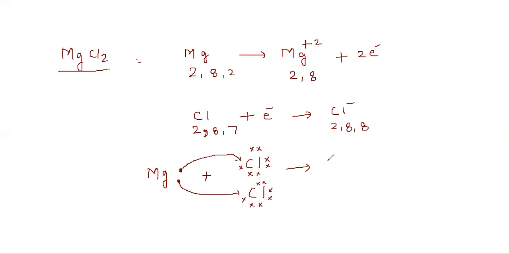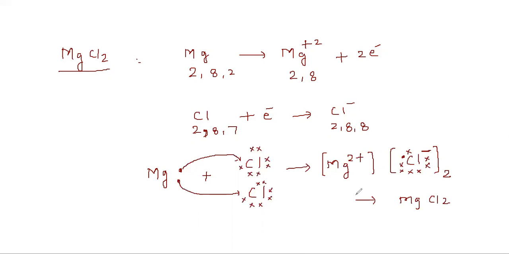So it will be written like this: Mg2+, since it has donated 2 electrons, and chlorine, we will write one chlorine atom, and the electron that has come from Mg, and then other electrons. This is negative sign because it has accepted electrons, which means MgCl2.